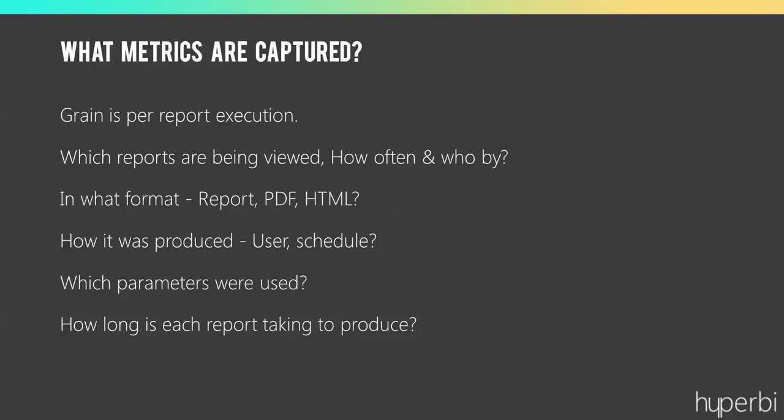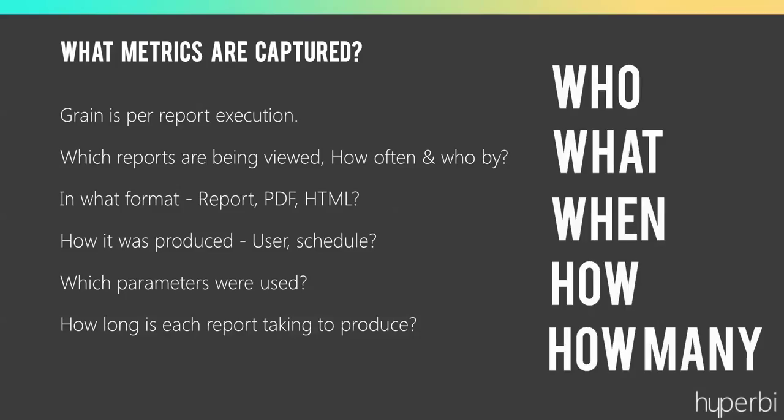And we can have a look and see how long each report takes to produce. We'll go into a bit more on this because there's some really interesting stuff that comes out of that. So each of these pretty much mirrors what we're looking for: who, what, when, how, and how many.